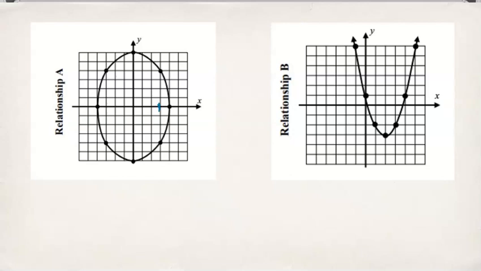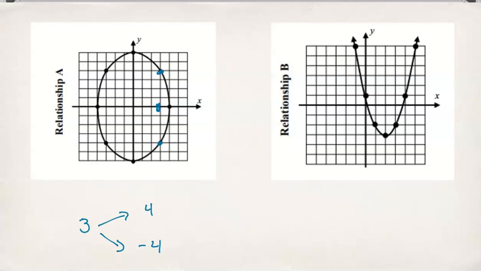Well, an output is represented by a point on the graph. If I input 3 on the x-axis, I have an output at 4, and I have an output at -4. So an input of 3 goes to 4 and to -4.